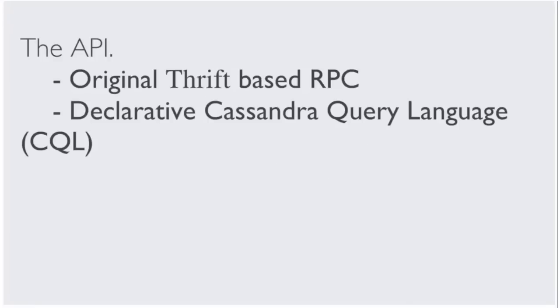So onto the API. We have two main APIs at the moment. We have the original Thrift-based RPC API that has been with Cassandra since day 0. And we have a newer initiative, which is a declarative text-based API called the Cassandra Query Language.